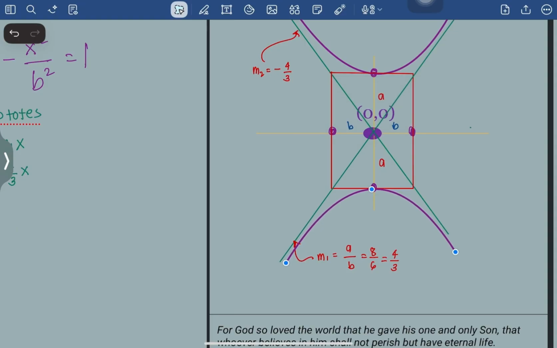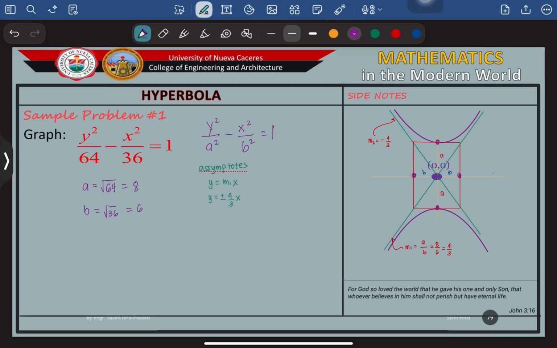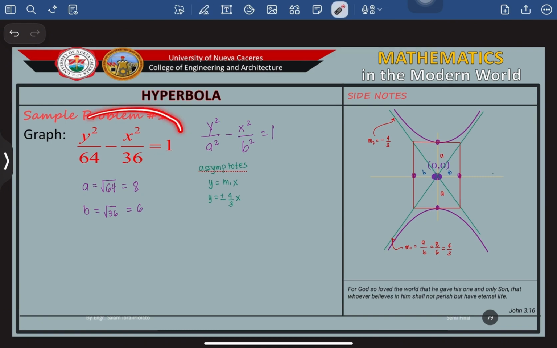So, hindi dapat mag-touch yung curve at saka asymptote. So, imaginary boundary sila, yung asymptote. So, ganyan. So, that is the hyperbola for this equation. So, that's how you sketch a hyperbola.